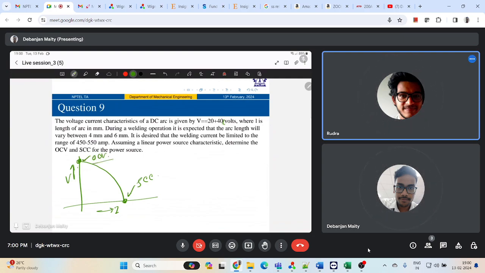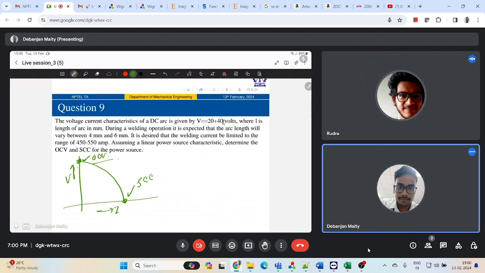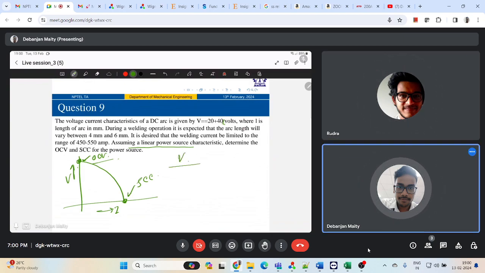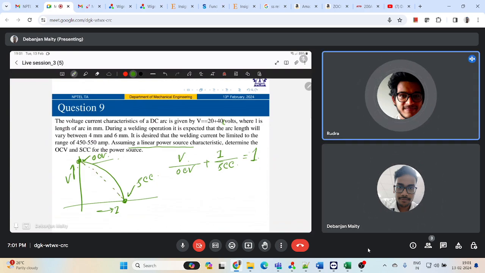It says we are assuming a linear power source characteristic, so this will follow a relation of V by OCV plus I by SCC equal to 1. So this is my equation which you need to solve.